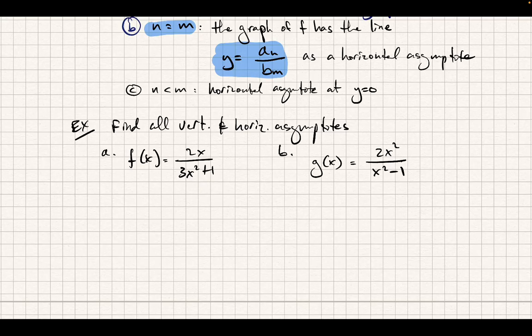Can you just read it off? Can you say vertical and horizontal? Now, I don't want just one or two people to shout it out. I want you to write it down. But I'm going to come around.